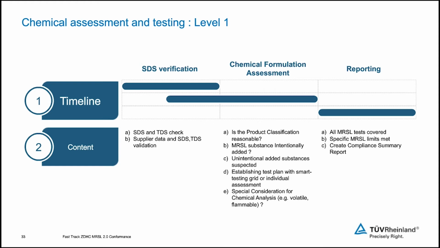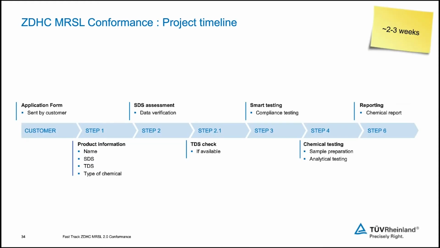For the project timeline, there are 7 main steps. In the first step, the customer needs to send us the application form with all information about the product. In Triple, after we receive the product and the application form, we will review the product information to see if it's enough or not, for example the name of the product, SDS, TDS, and type of chemical.